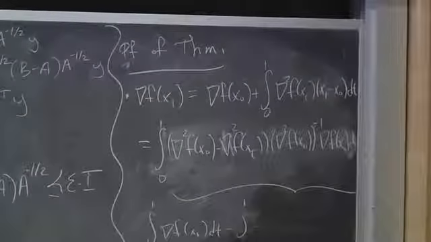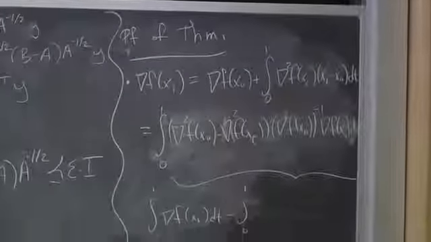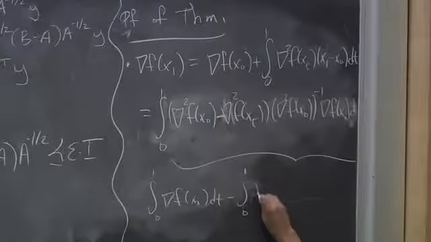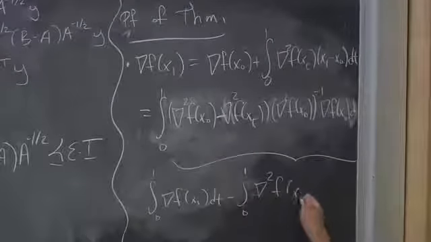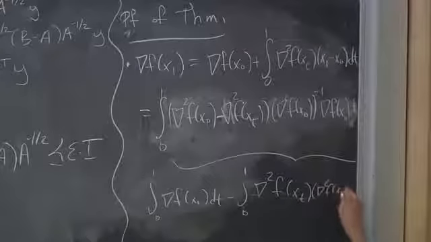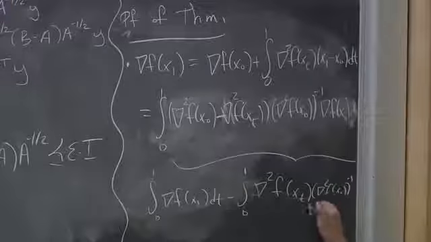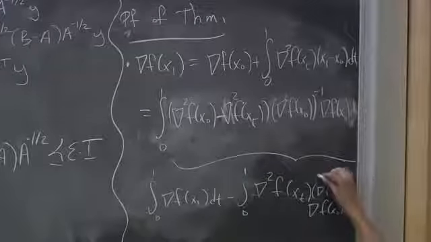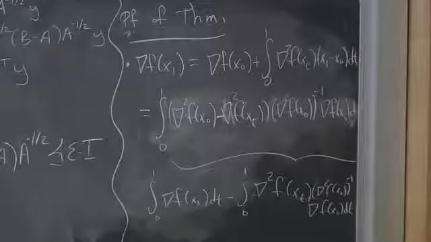Okay. Yeah. So, oh, sorry. This is minus. Is that what you were saying? Yeah. So this is minus this. Right. And this, by definition, is exactly x1 minus x0.